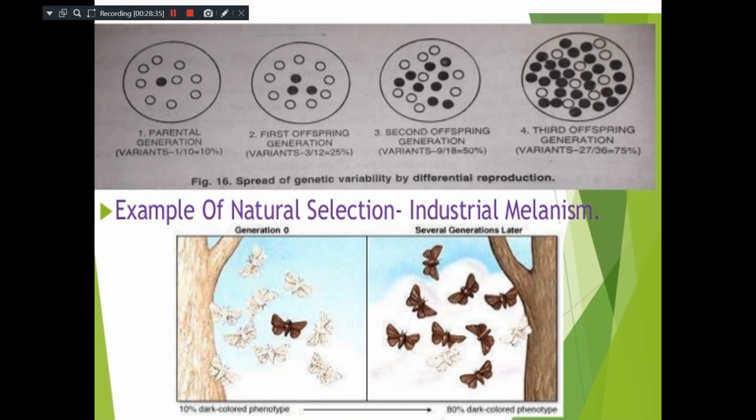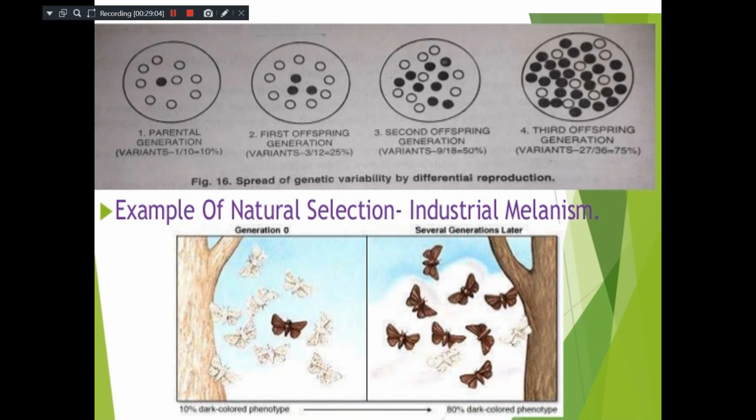Now what has happened? In the dark background, these grey colored pepper moths were easily sighted by the predators. Now the dark colored have the advantage because the background is also dark. They are also dark, so they cannot be easily picked up. Over a period of time, what happened?